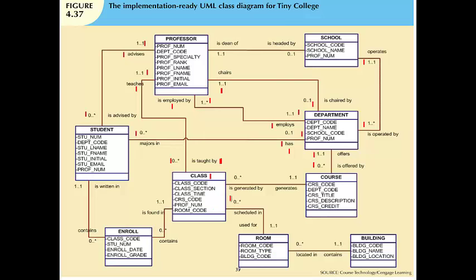So let's see. We just did our department has majors, and we did courses. A department offers 0, 1 or many courses. A course generates, this is where we are, I think. One instance of course generates 0, 1, or many instances of class.